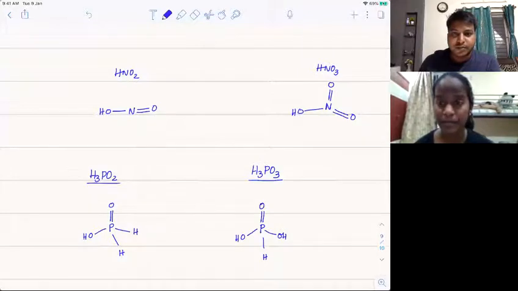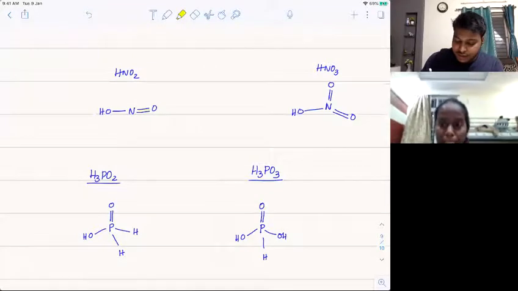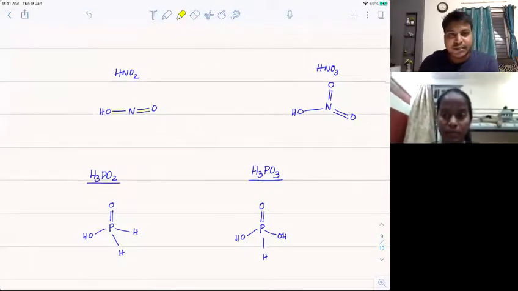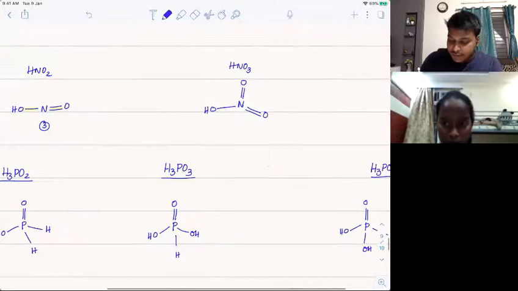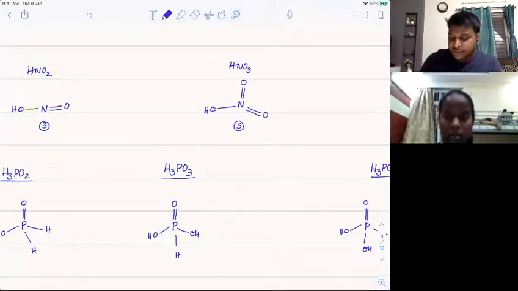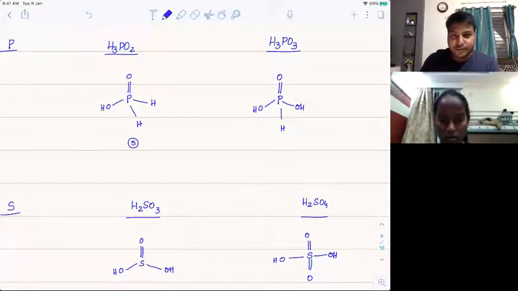Valencies are based on the number of bonds here. So nitrogen is making 3 bonds here, that means the valency is 3. Here the valency is 5 because it is making 5 bonds.